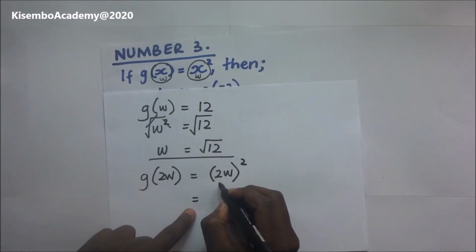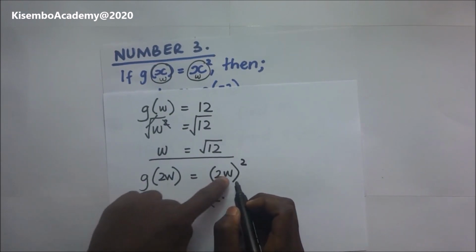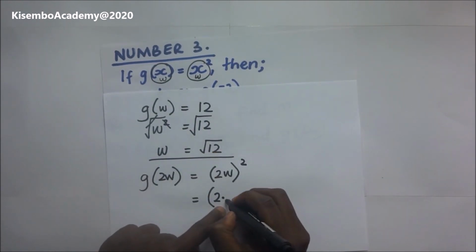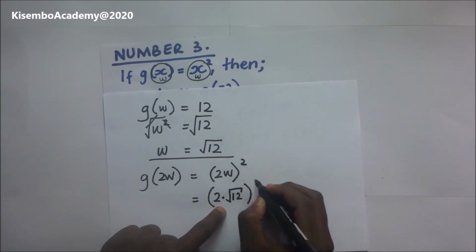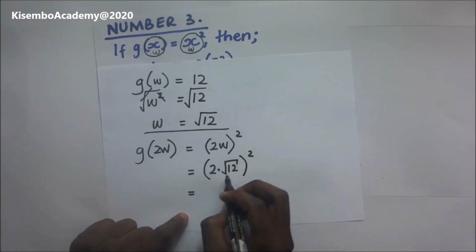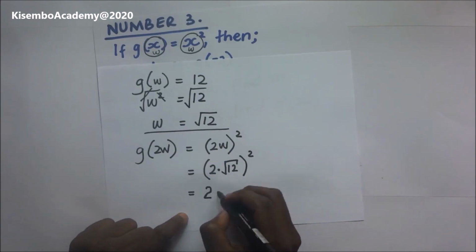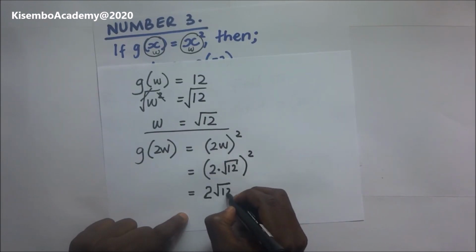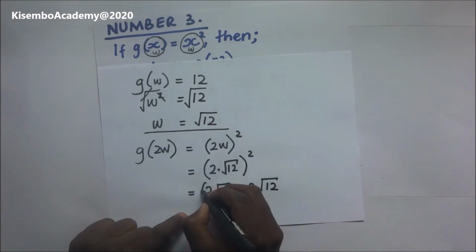So this is going to become 2 times w. Now we got w as the square root of 12, and all this is squared. So we can go ahead and find our answer. This is going to become 2 root of 12 times 2 root of 12.